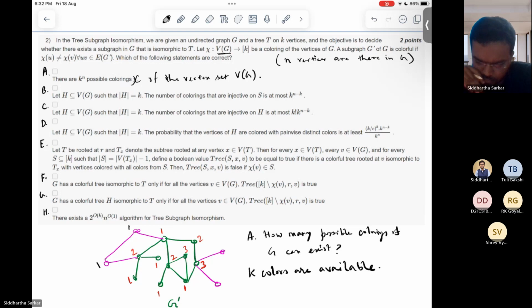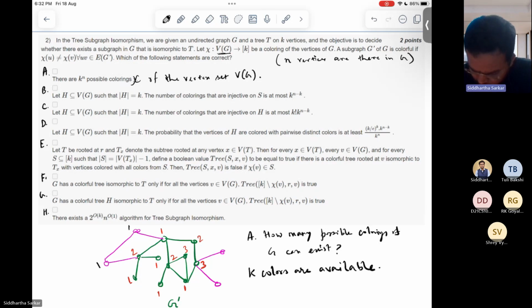In general it is true, k raised to the power n possible colorings would be there, because for each node we can have k possibilities. That is correct.